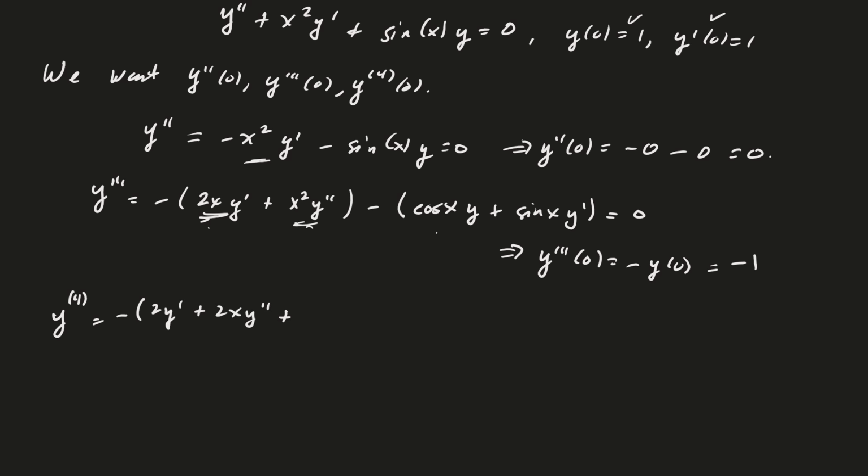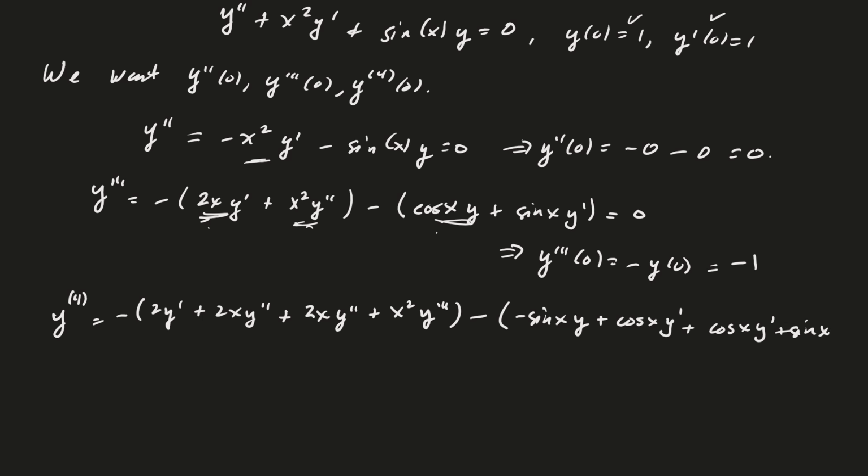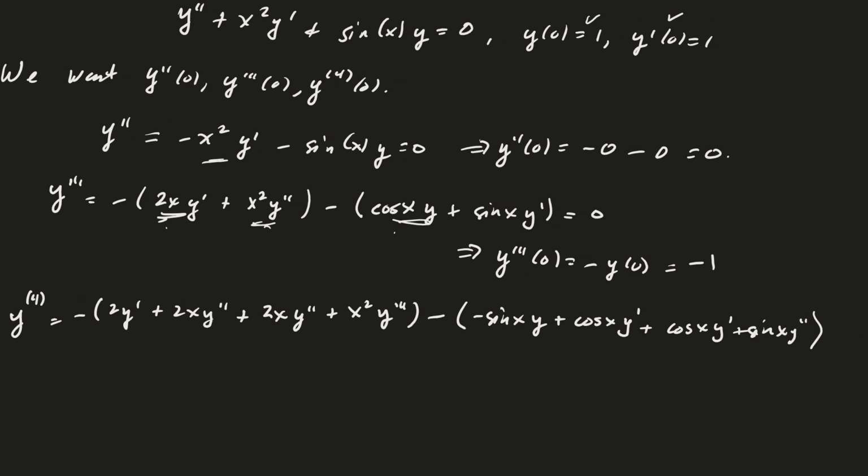And then the derivative of that one will be 2x y double prime plus x squared y triple prime, minus, and then our cosine of x y will be minus sine of x y plus cosine of x y prime, plus cosine of x y prime plus sine of x y double prime. And then all of this is equal to 0.